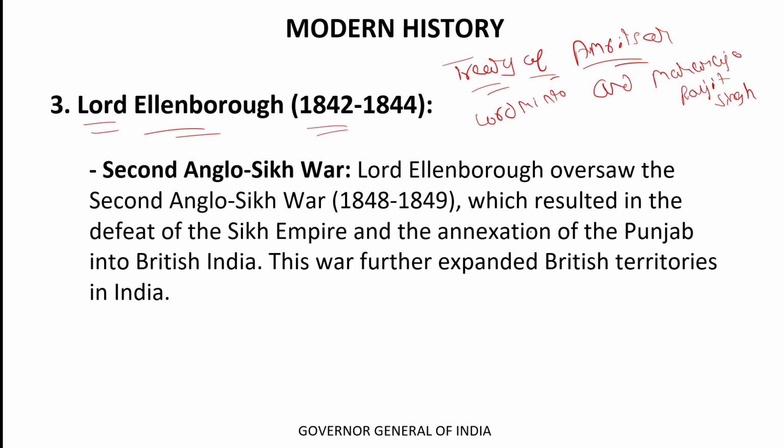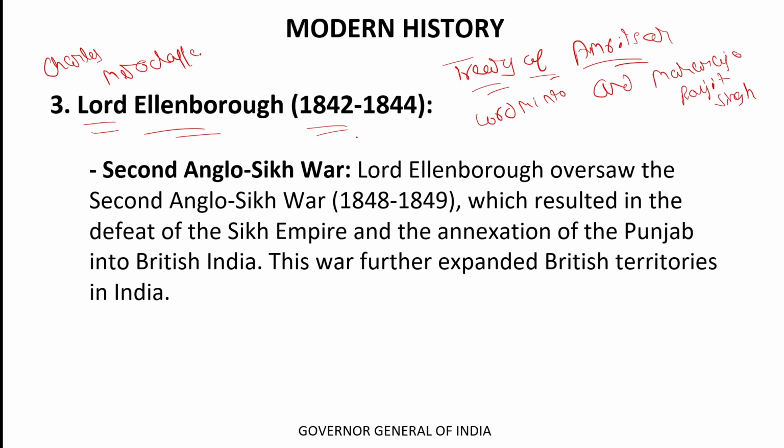And who was the person who played a significant role in it? His name was Charles Metcalfe. As per the treaty, the east of Satluj would be declared a territory of the Sikh Empire.